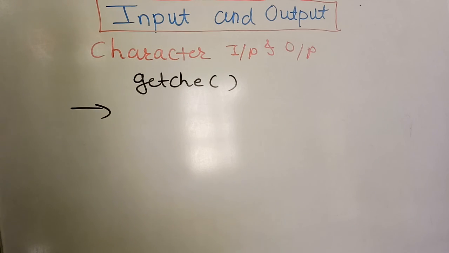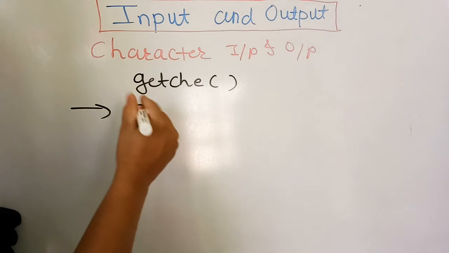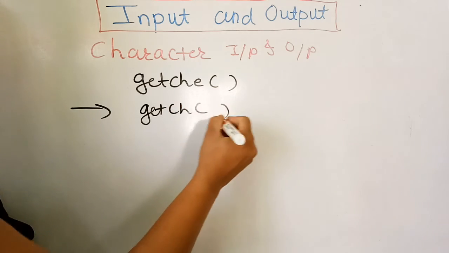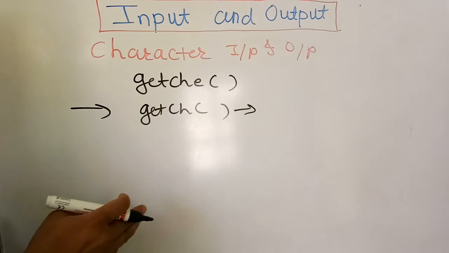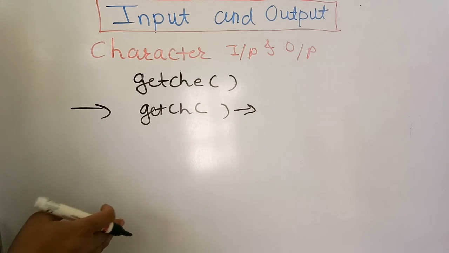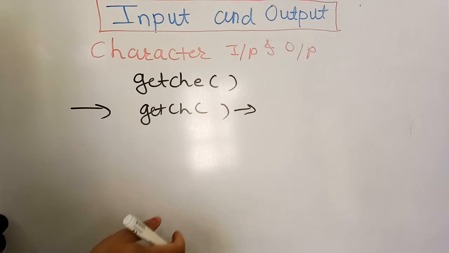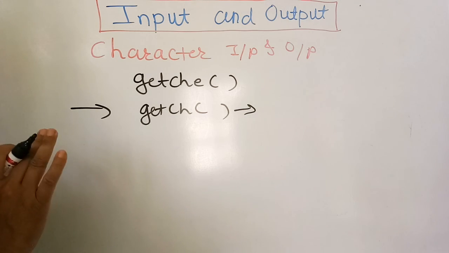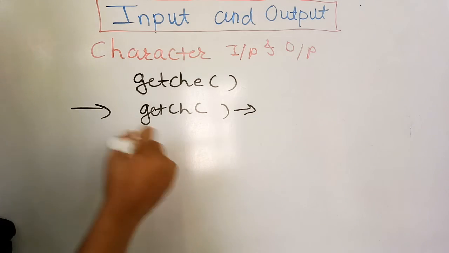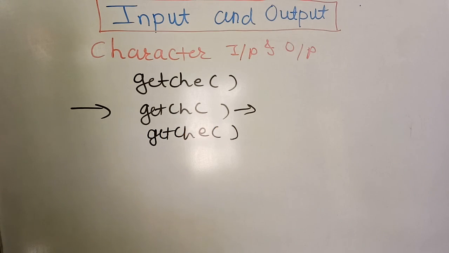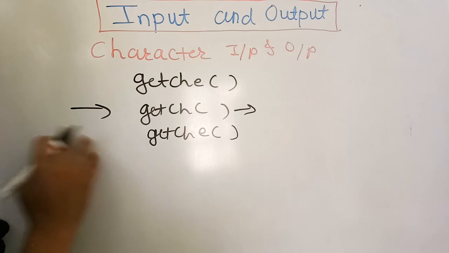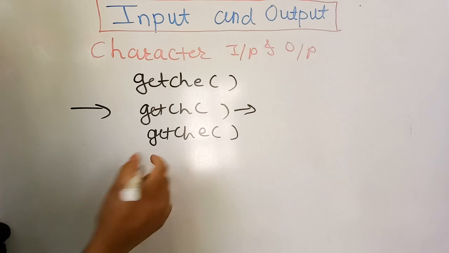The getche function is used to get a character from the console, that is from the keyboard, with echo to the screen. getch had the drawback that it will not echo the character on the screen, meaning the user gets no idea whether the character typed, for example A, was accepted by the system or not. But while using getche, you can echo the same character, meaning accepting it and also printing it on the output device.